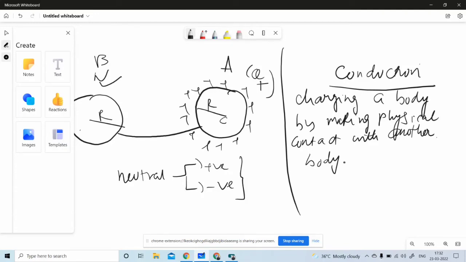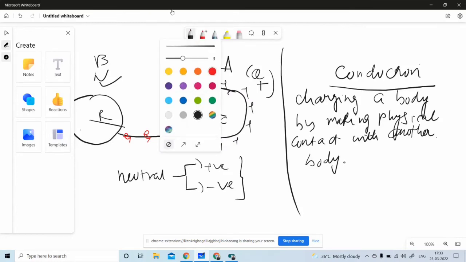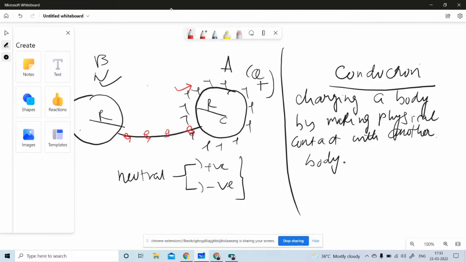So a few electrons from this body will be transferred to A, because A is positively charged. So a few electrons from B will flow towards A. Then B will also be positively charged.